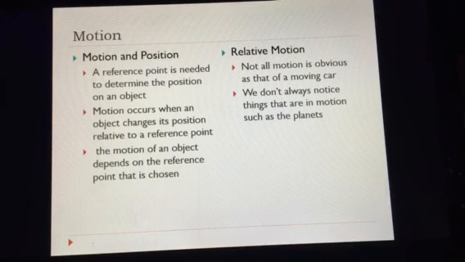And so depending on which road you take, depends on how far you have traveled on that and how fast you can travel too. And so that's really what we're looking at, is we're determining based on a reference point our position of an object. So motion can be related to our change from that reference point, and that is what we call displacement.